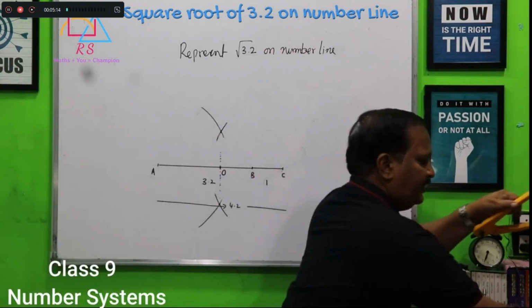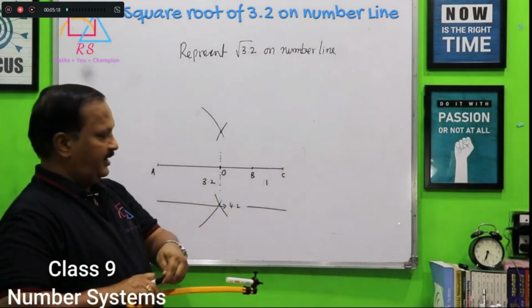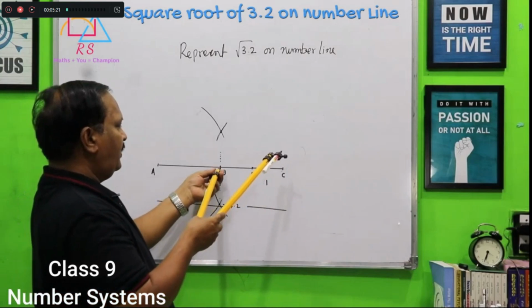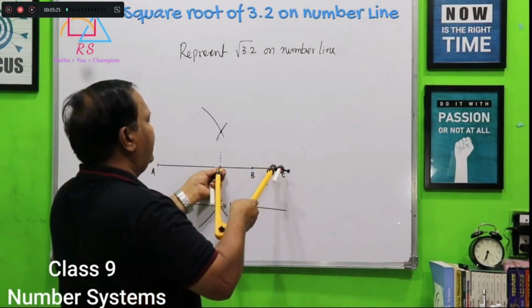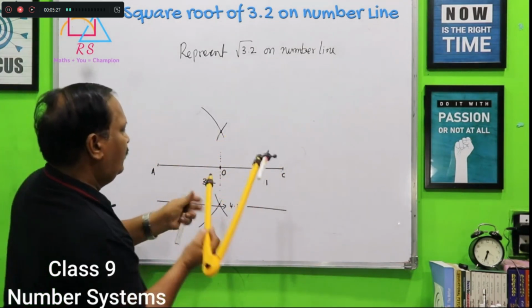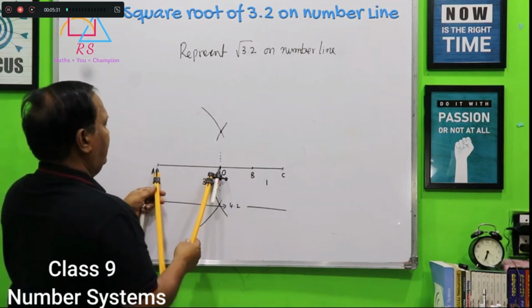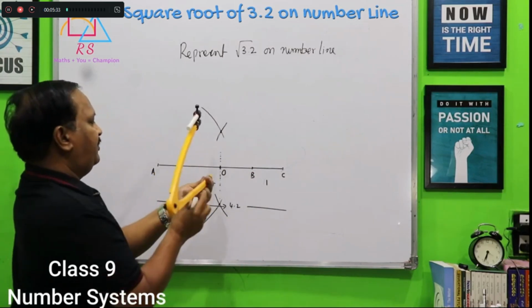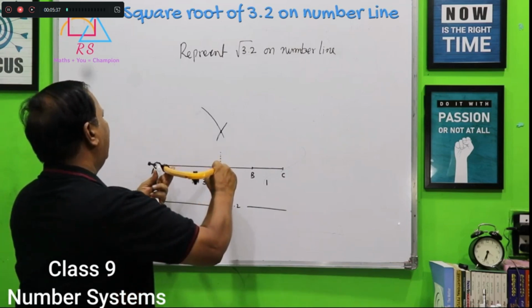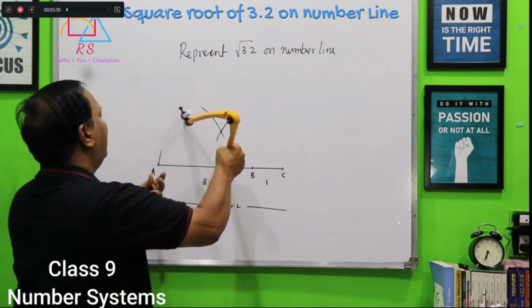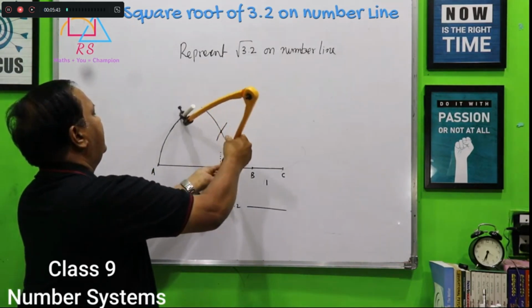Because we need to draw a circle. So using this O as the center and OC as radius, AO as radius, you have to draw a semicircle.